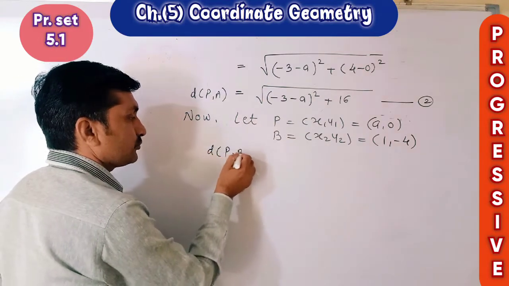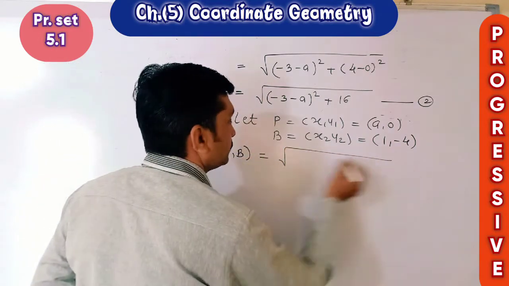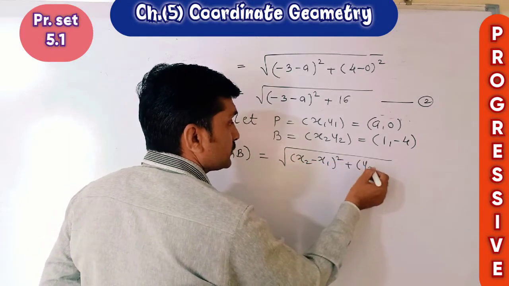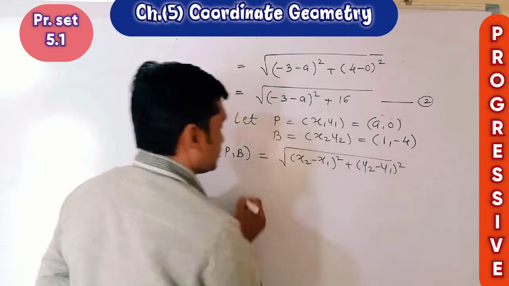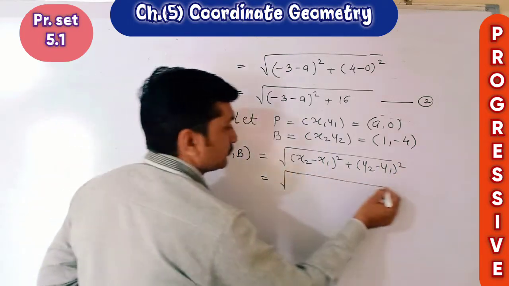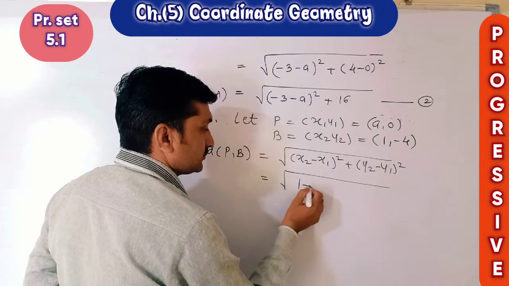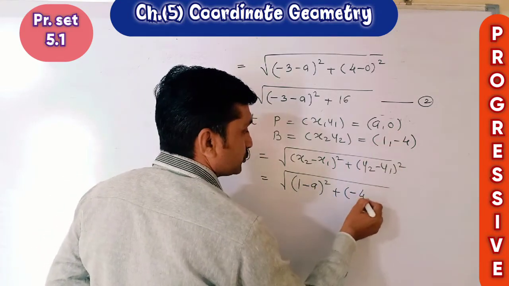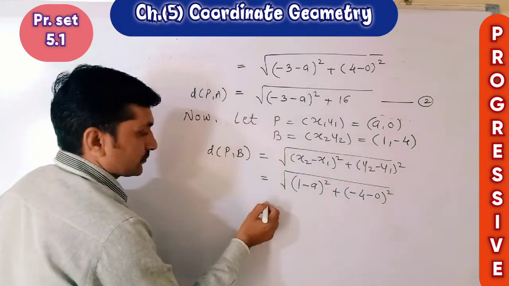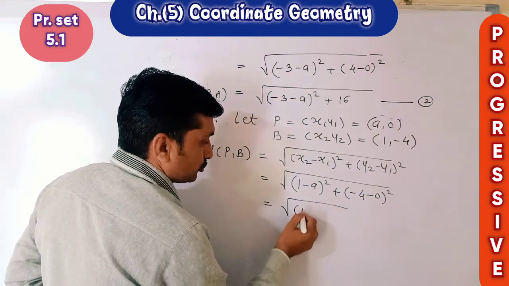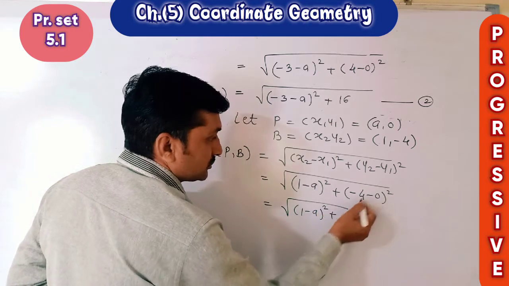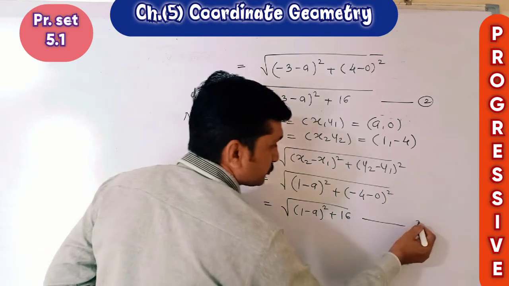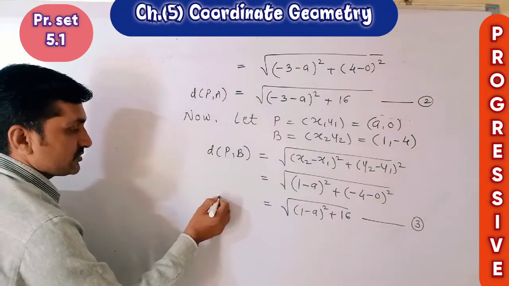Distance PB is equal to square root of (x2 - x1) squared plus (y2 - y1) squared. This is also the distance formula. Putting values: square root of (1 - a) squared plus (-4 - 0) squared, which is square root of (1 - a) squared as it is plus (-4) squared, 16. Number 3. This is distance PB.